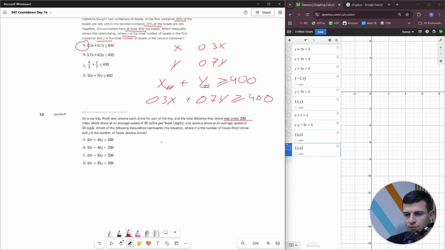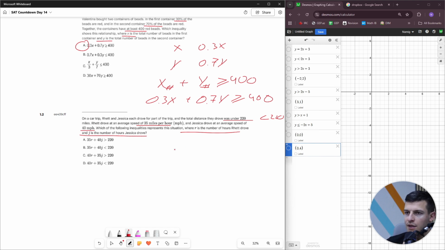We should start thinking about these as we go through them. So under means less than, right? Red drove at an average speed of 35 miles per hour, and Jessica drove at an average speed of 40 miles per hour. Which of the following inequalities represents this situation, where R is the number of hours Red drove and J is the number of hours Jessica drove?